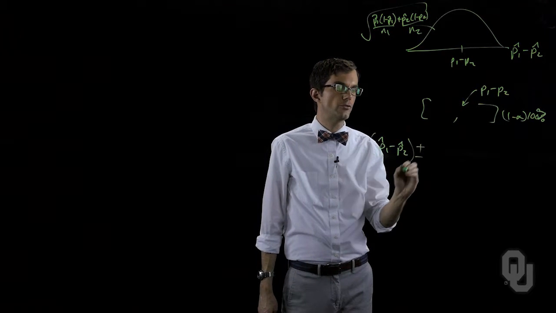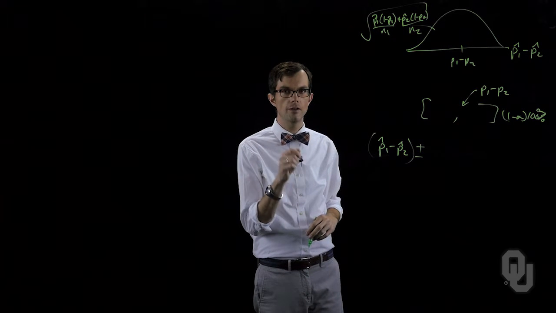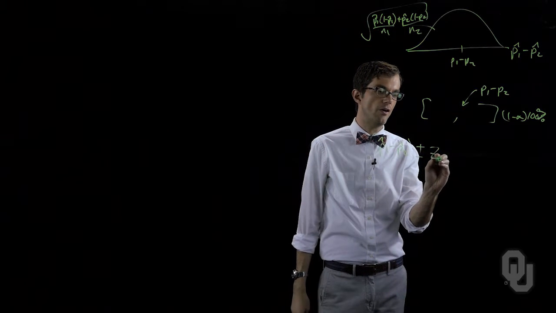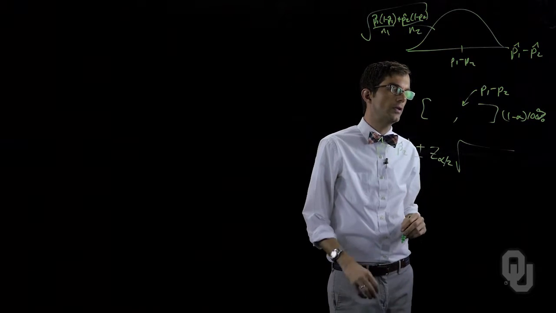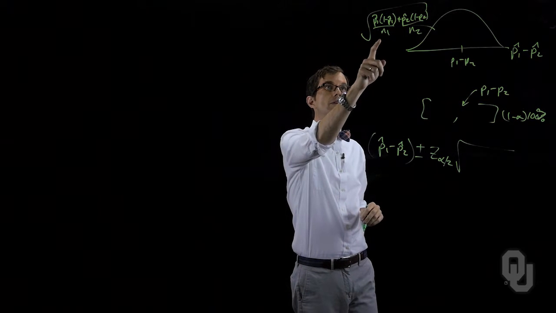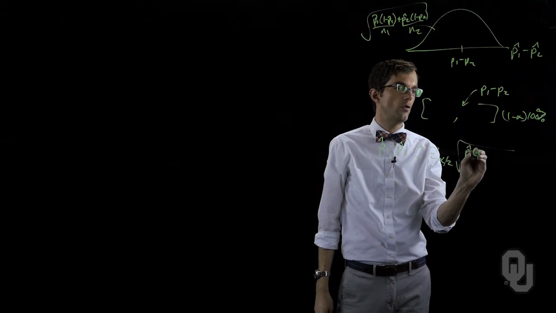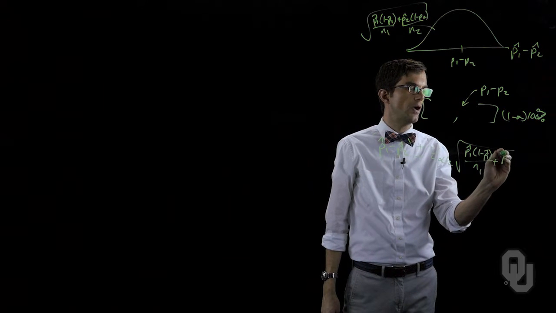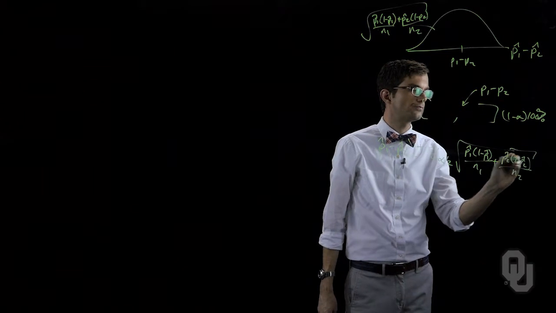We add to it and subtract from it a margin of error. The margin of error is a function of what? Variability, sample size, and confidence. Okay? So we represent confidence with z of alpha over 2. And variability and sample size is represented with this standard deviation: the square root of P1 hat, 1 minus P1 hat over N1, plus P2 hat, 1 minus P2 hat, all over N2.